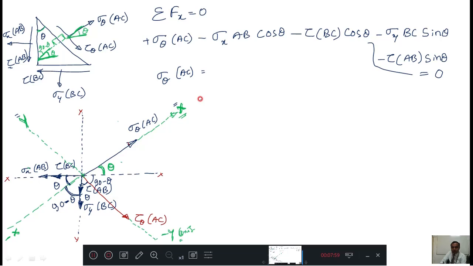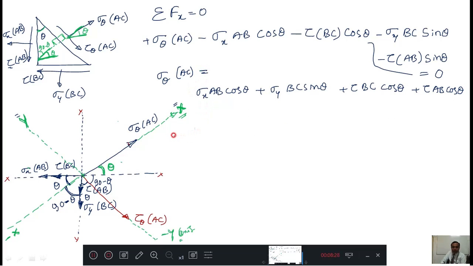A little rearrangement will do it. Sigma terms I will put on one side: sigma x AB cos theta plus sigma y BC sin theta plus tau BC cos theta plus tau AB cos theta.